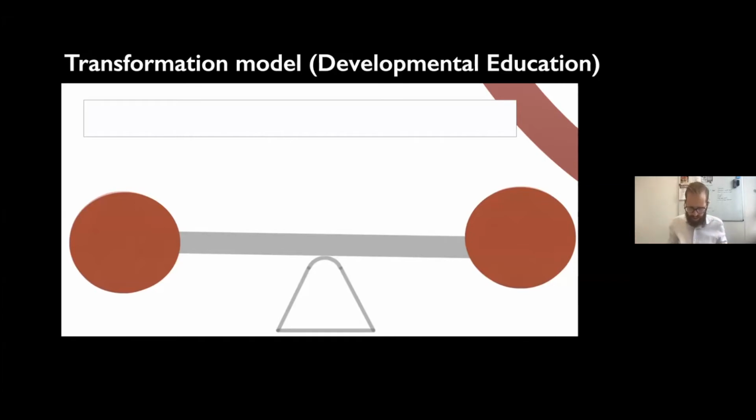We also use this model in developmental education, an approach to education that is based on Vygotsky's work. I also think that classroom conversation should be orchestrated according to this model. It should be a balance between giving children space to voice their ideas, to reason, to think together, and connecting these ideas to the larger culture and cultural history.